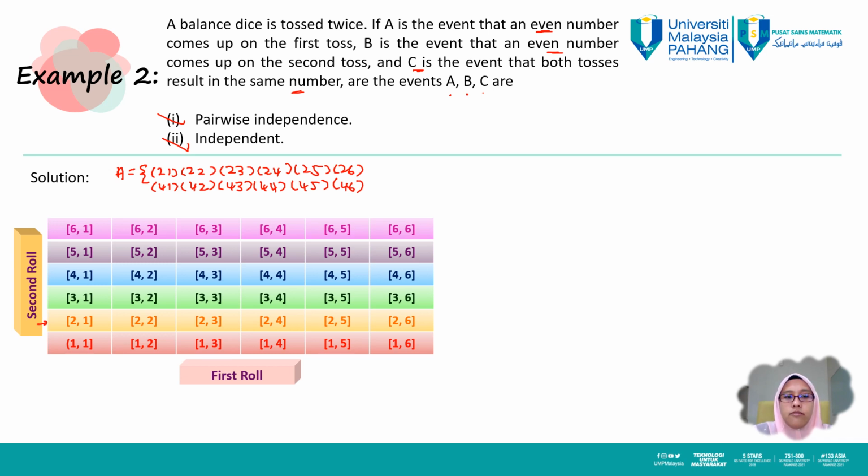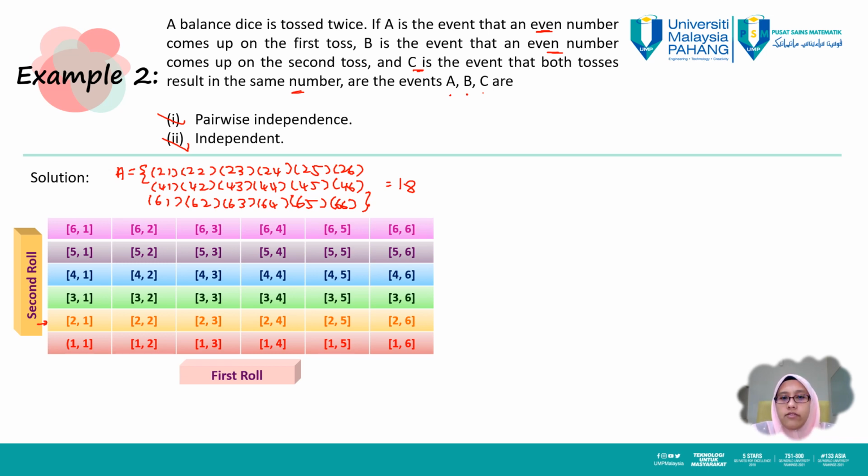And the last one, we have 6: (6,1), (6,2), (6,3), (6,4), (6,5), and also (6,6). So this is the outcome for event A, where in total we have 18.